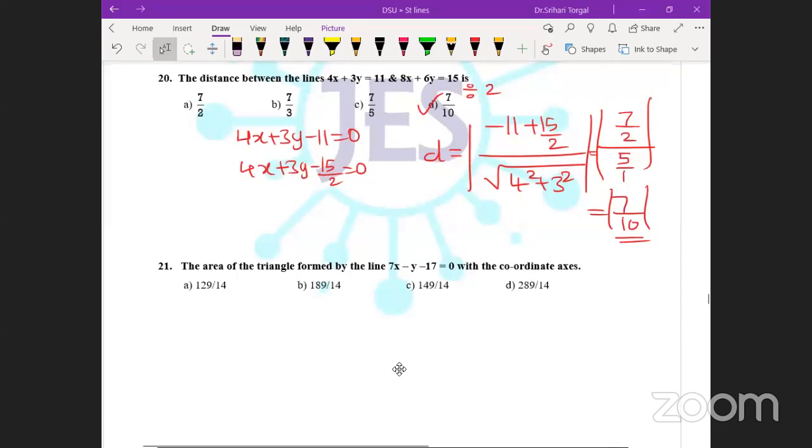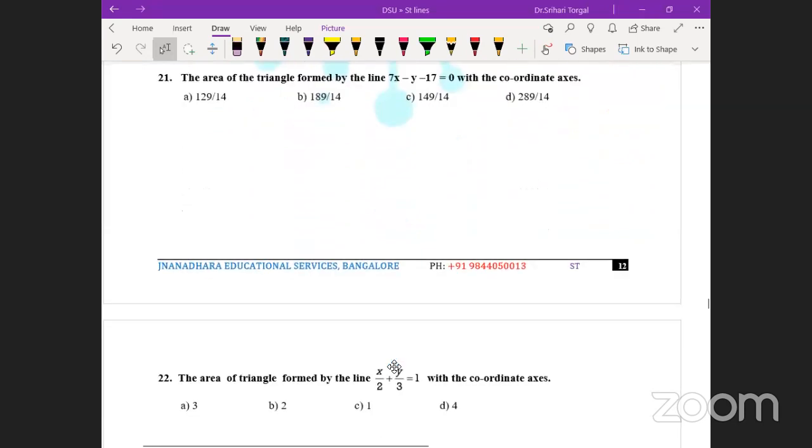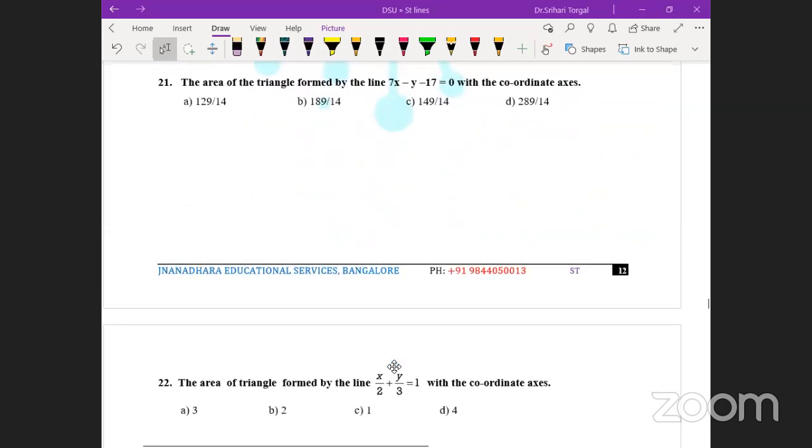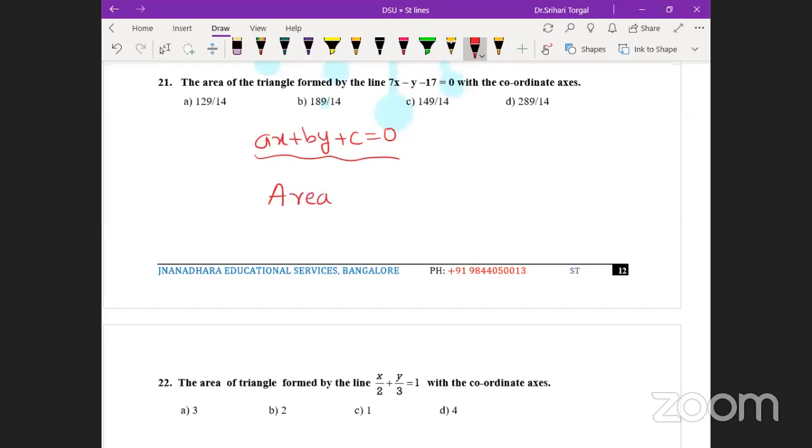The area of the triangle formed by the line 7x minus y minus 17 equal to 0. I'll tell you the formula. If the line is in this form, to get the area with the coordinate axes is c square by 2ab.